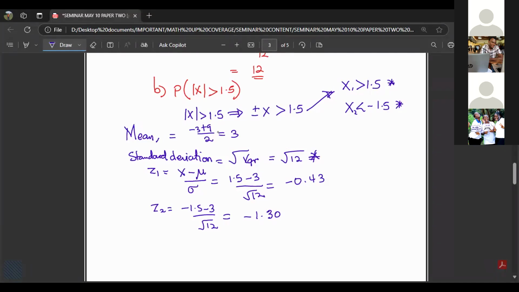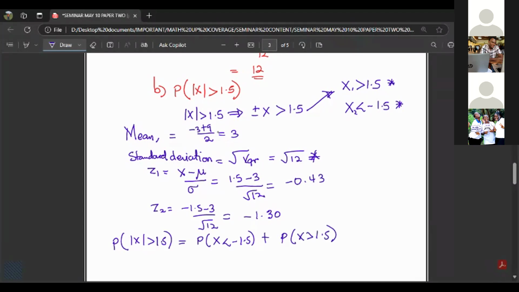But before doing that, we first have to make meaning of what we have. So the probability of the modulus of x being greater than 1.5 is the same as the probability of x less than negative 1.5 plus the probability of x greater than 1.5.